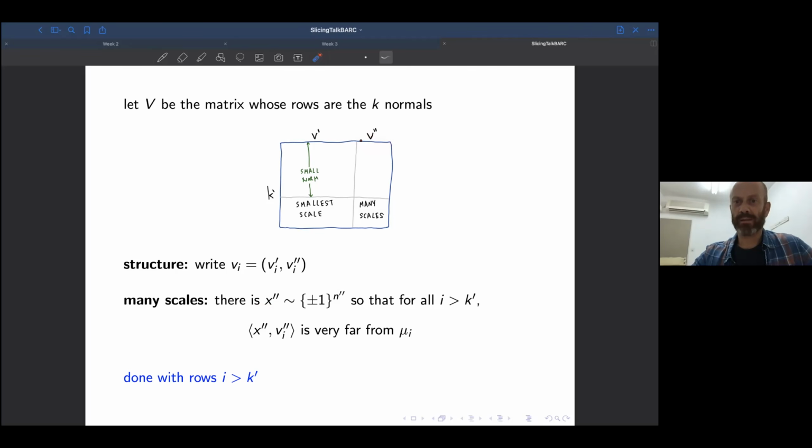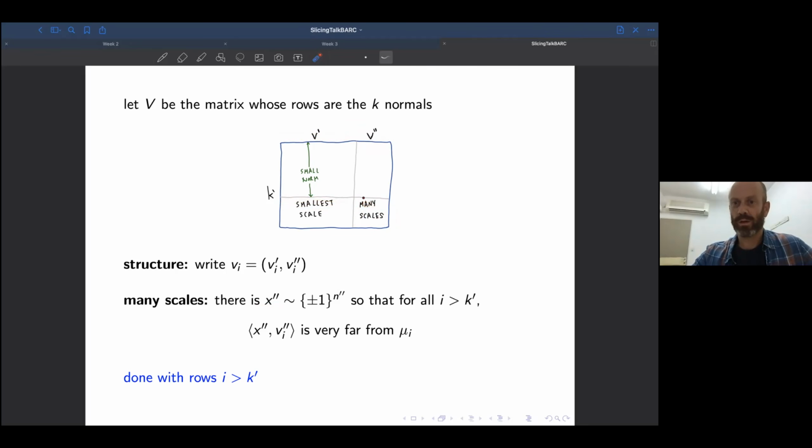What happens? X prime times this part has no way to be useful. This part has many scales. This is the smallest scale. No matter what we choose here, there is no way this thing will be sliced.